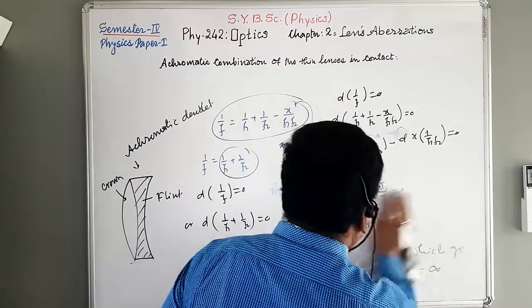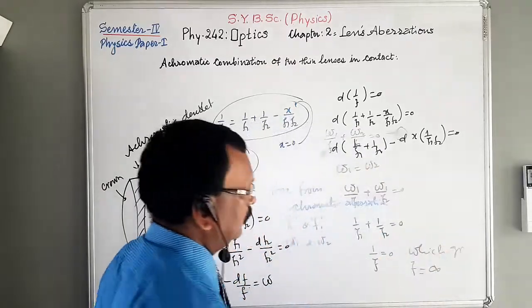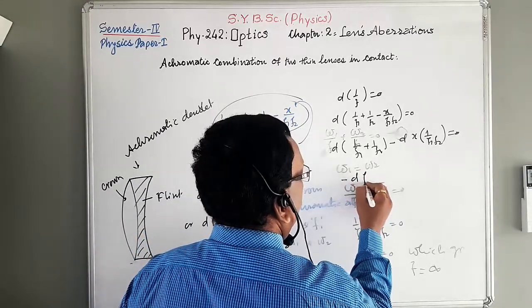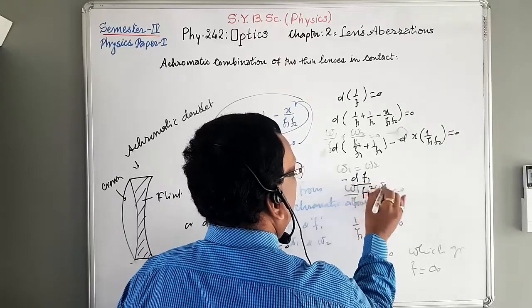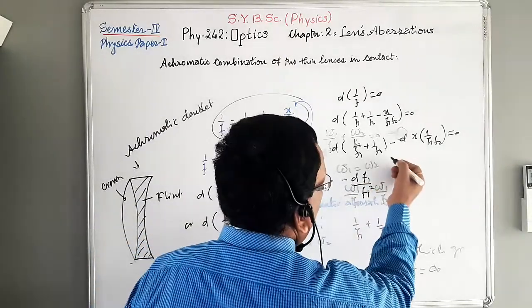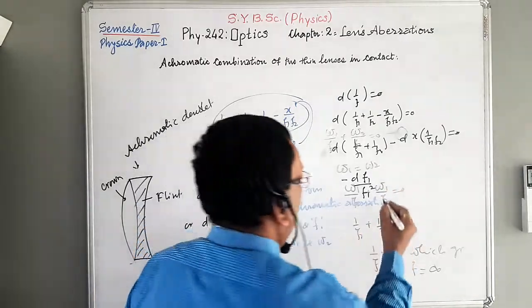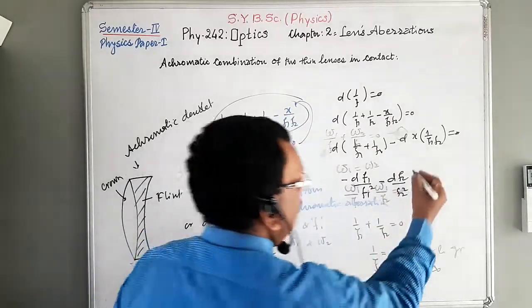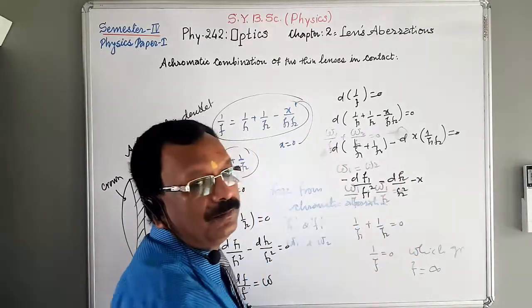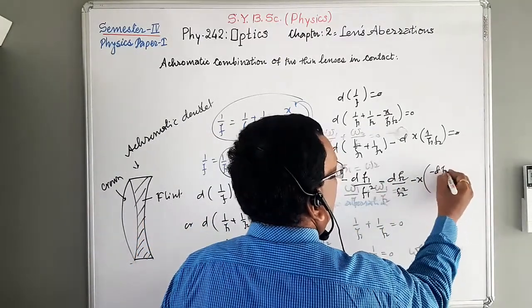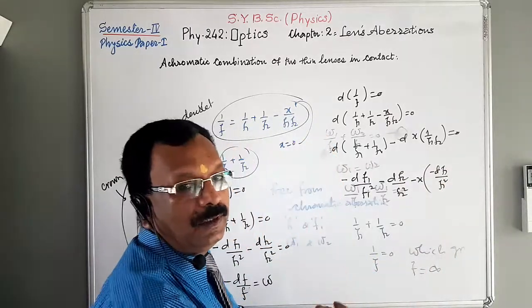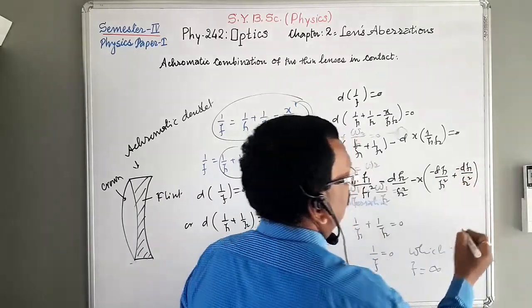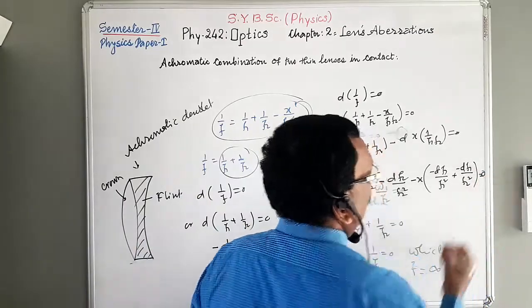We get minus d f1 upon f1 square, minus d f2 upon f2 square, then minus x as it is, and differentiation of the last term gives minus d f1 upon f1 square plus minus d f2 upon f2 square, and this should be equal to 0.